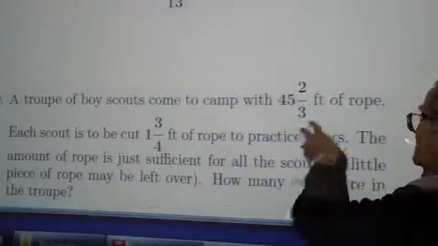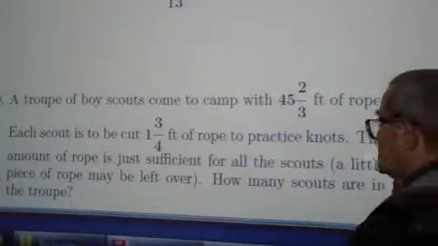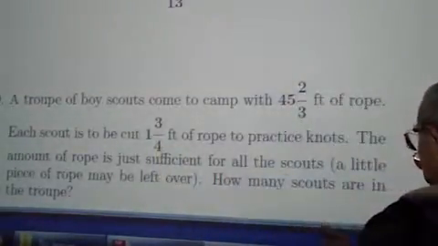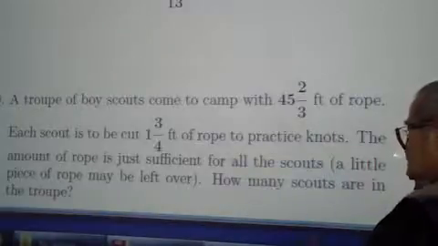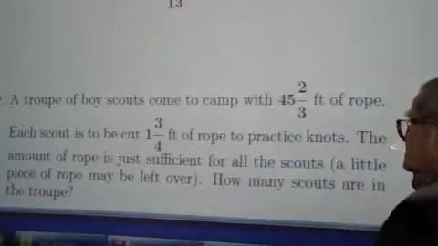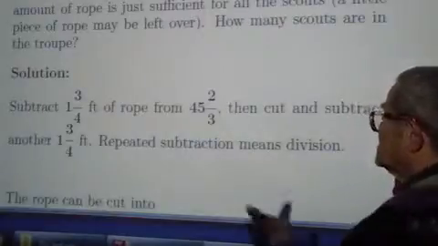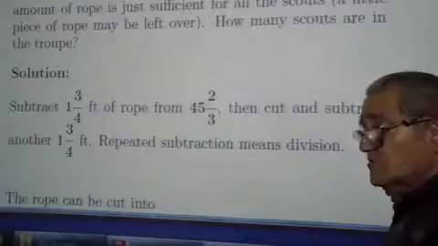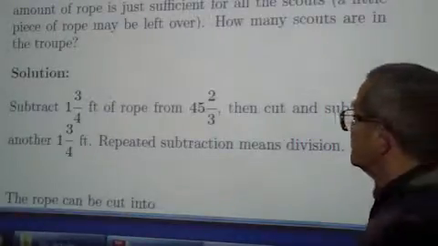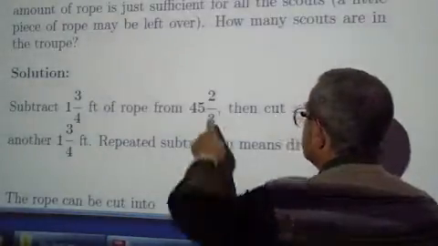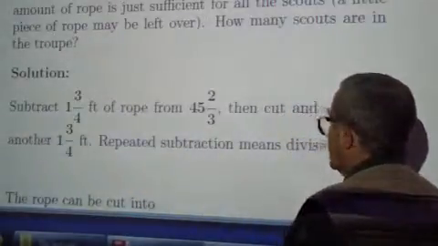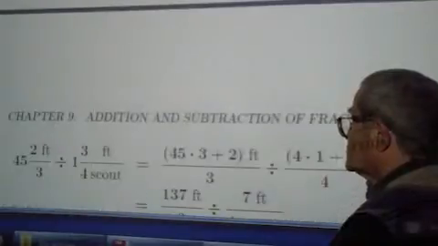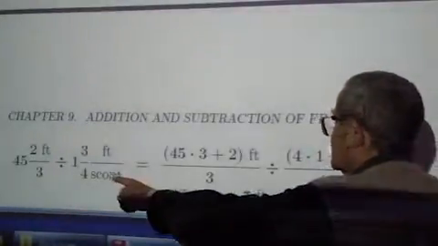Now, after we cut, we have exactly enough pieces of rope for each scout. So how many scouts are in the troop? How many pieces of rope can you make? So you take away one piece of rope, a second piece of rope, a third piece of rope. Repeated subtraction, division. You divide 45 2/3 by 1 3/4.